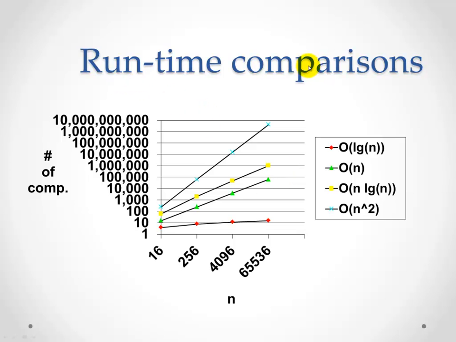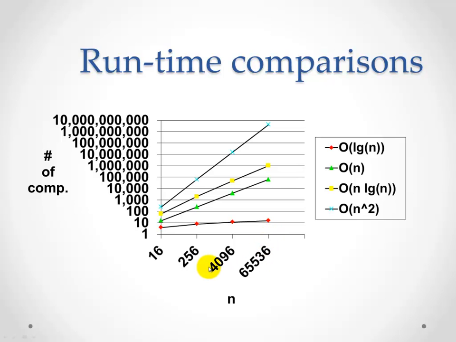So I've got some runtime comparisons here, where n is the size of our list, the number of elements, and then this is the number of comparisons that we're going to have to do. The red line here represents an order log n algorithm, the green line an order n, the yellow line an order n log n, and then the blue here an order n squared algorithm.